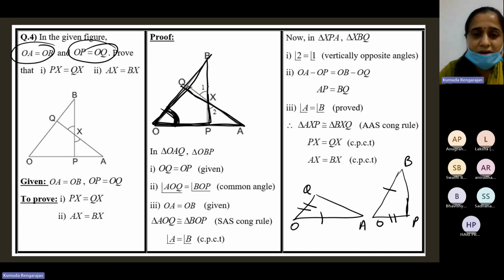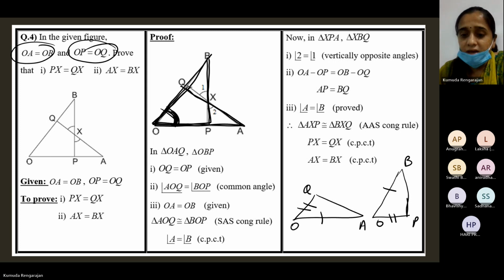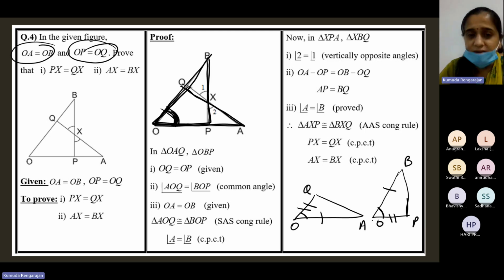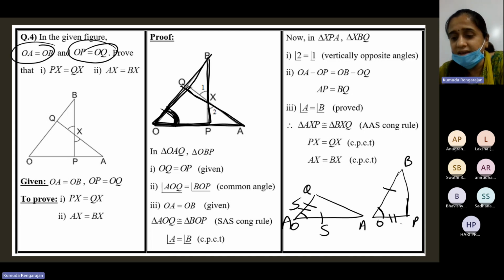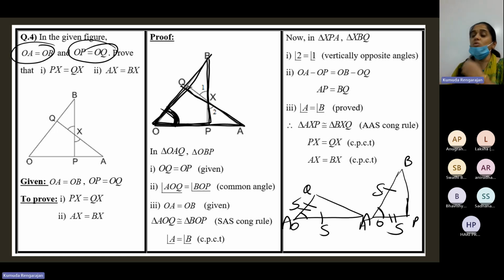This angle is common to both the triangles. So this makes SAS. See, side, angle, side. Two sides and included angle. By the SAS rule the two triangles are congruent.